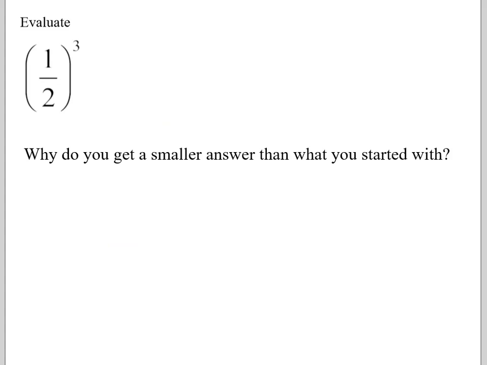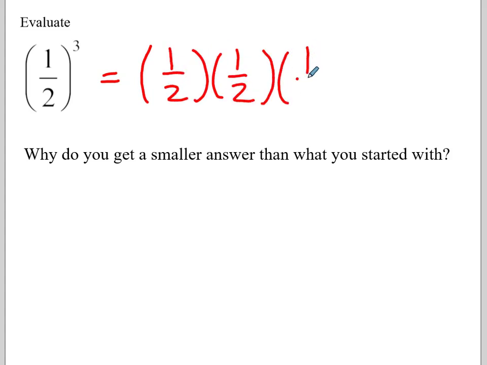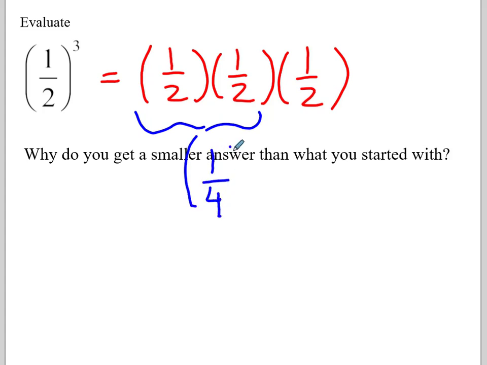Cool? Okay, the last one, I think, I hope. It's getting a little long here, sorry. One half cubed. So why do you get a smaller answer than what you started with? Well, if you remember what this means, this is a half times a half times a half. Well, if you look at the first two, when you multiply a half times a half, you get 1/4.